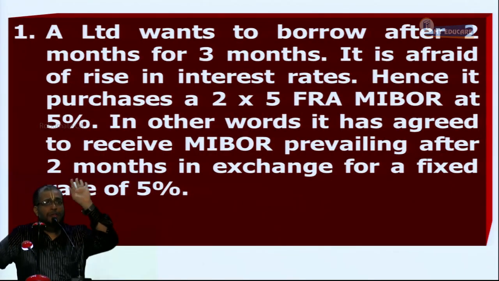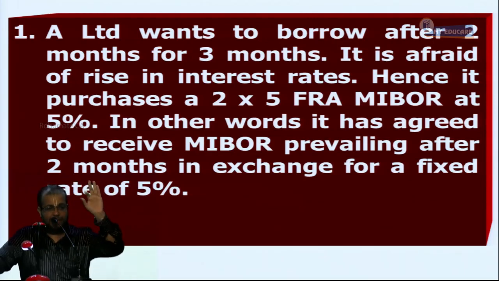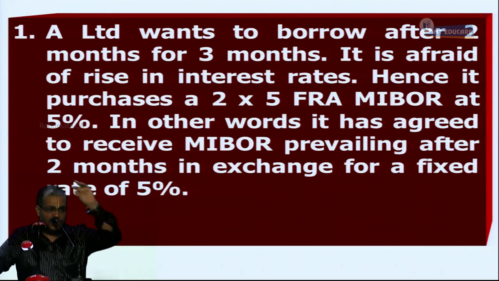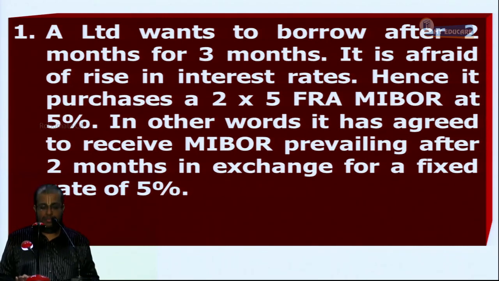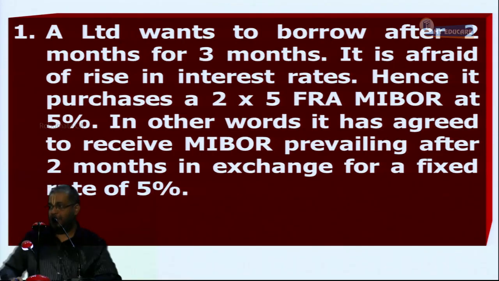All of you, fresh, listen to this example. With this, the entire discussion will be over. A Limited wants to borrow after 2 months, for 3 months. It is afraid of an increase in interest rates.